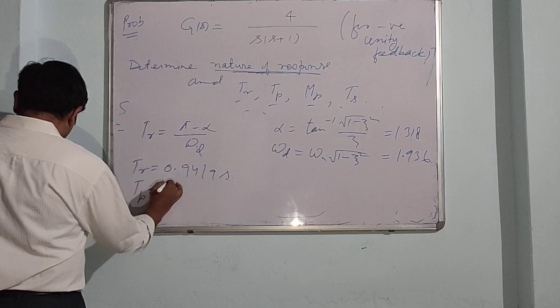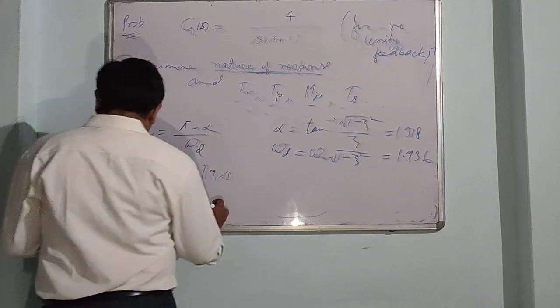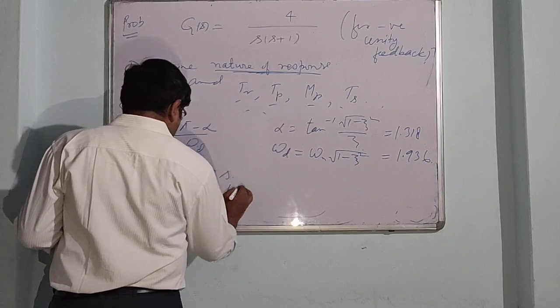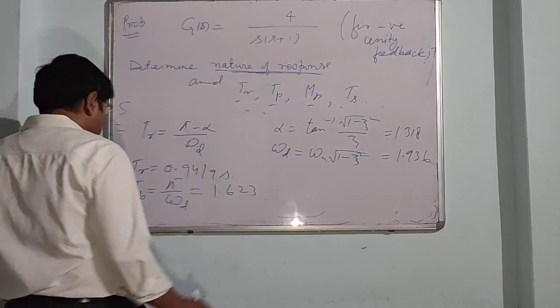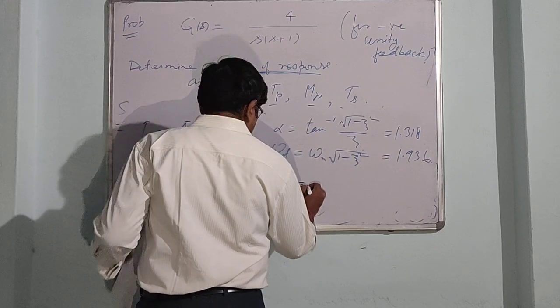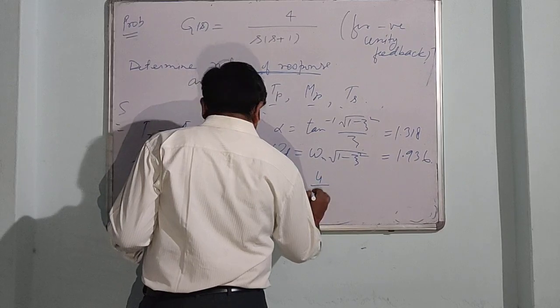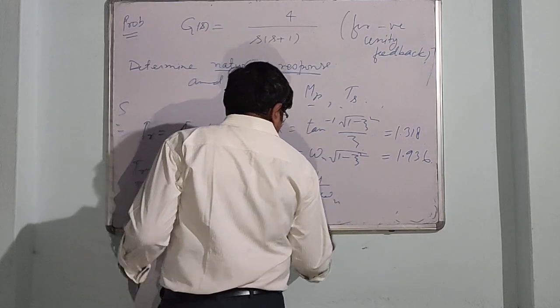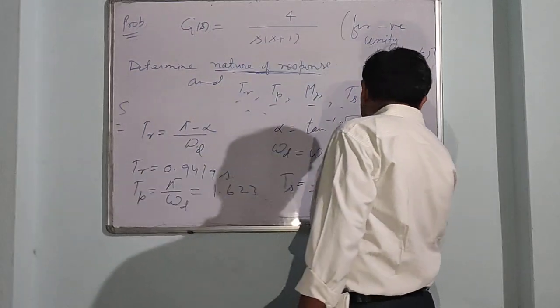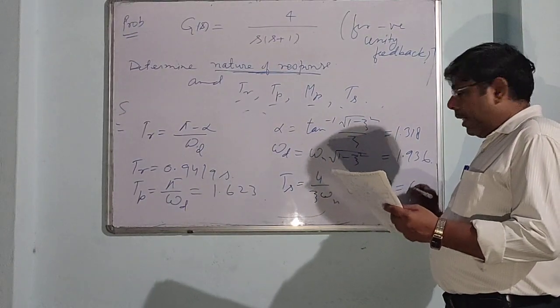Similarly, by using this, you can calculate peak time, 1.623. And settling time, we are calculating here for 2%. So this is the 2% settling time, which comes out to be approximately 8 seconds.